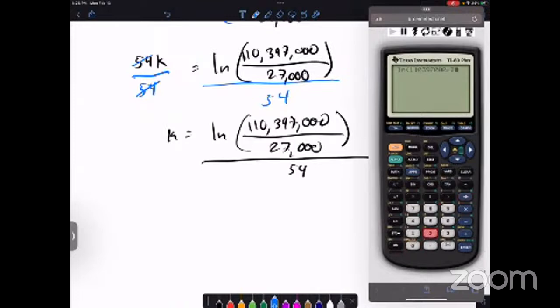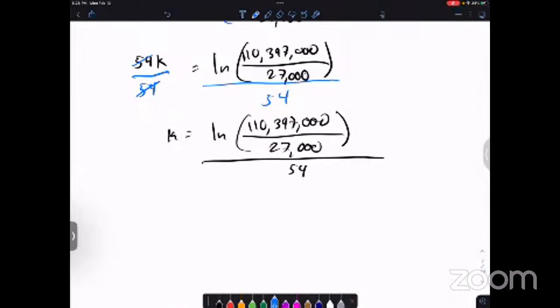That's the log. We want to divide that log by 54. We get 0.154 approximately. So K is approximately 0.154.